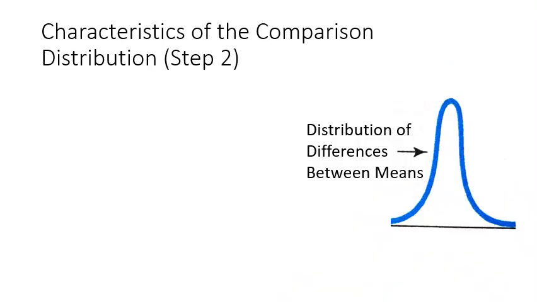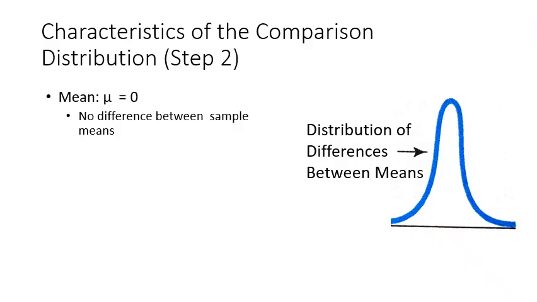So as always, our biggest challenge is determining what are the characteristics of the comparison distribution. And in particular, as you know, the biggest challenge is always in identifying spread. Spread is always the biggest challenge. That's always where we're doing the math, because spread makes a difference for determining where our calculation is.